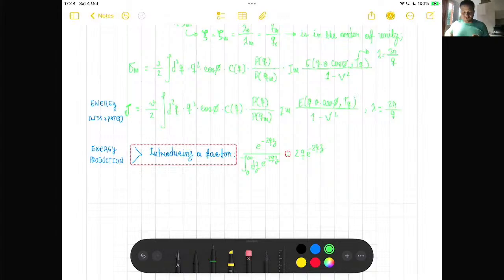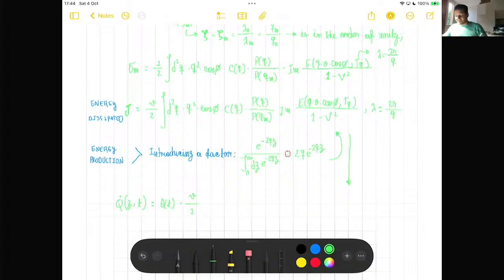Okay, we introduce this factor in this equation, and we have the energy production equation, which I already mentioned in the previous videos, which is Q dot, the energy production as a function of zeta, temperature and time. And then we have theta, a function of time, times v divided by 2, which is the velocity.